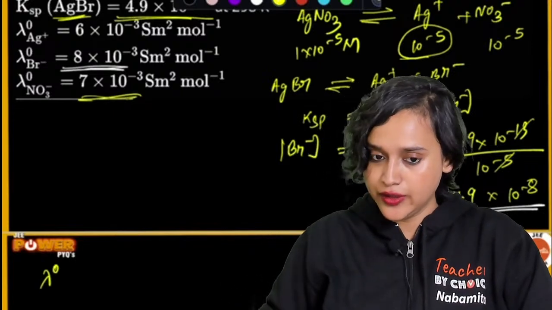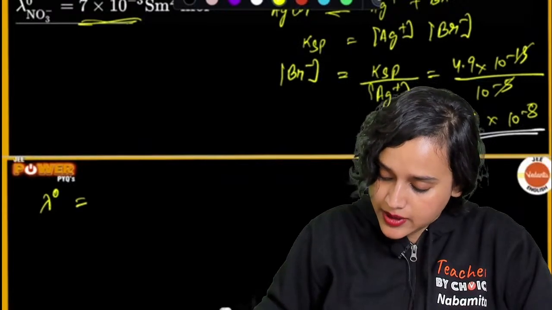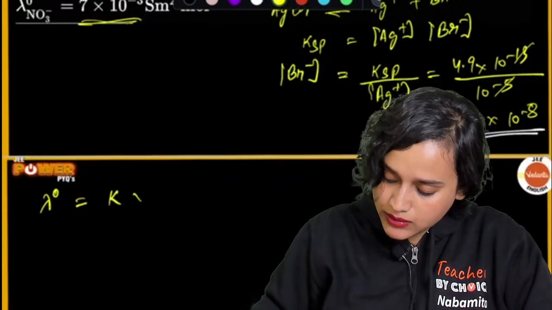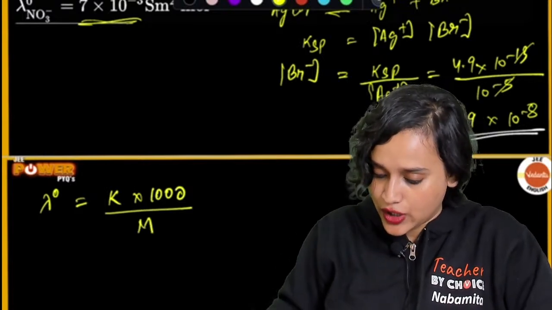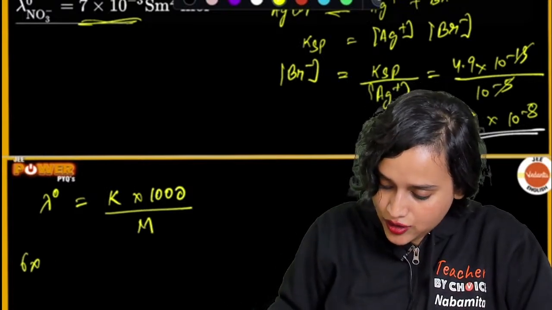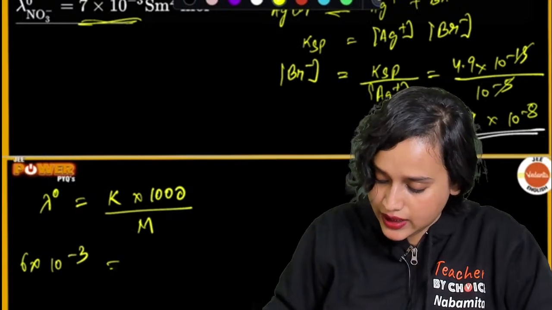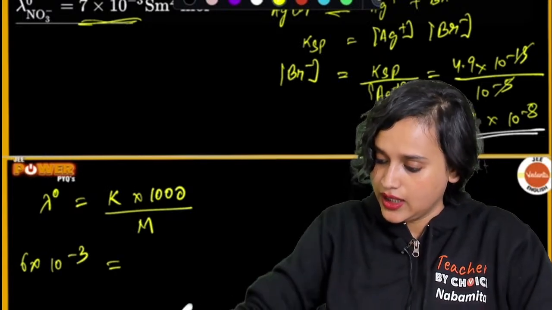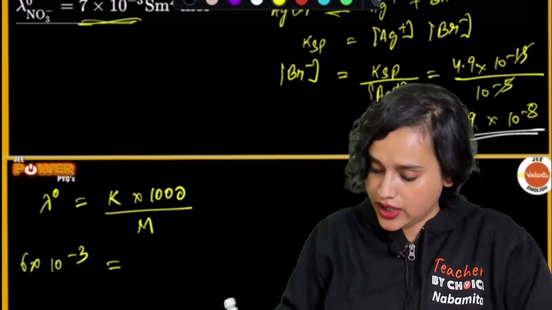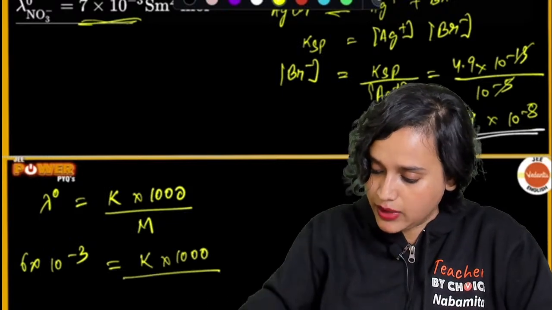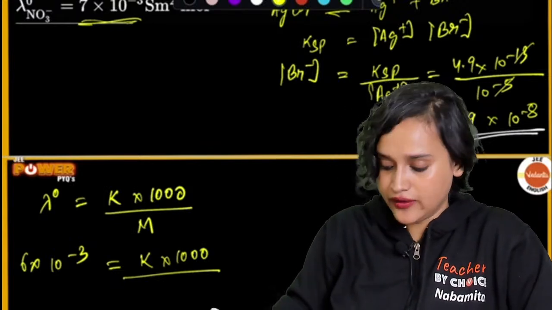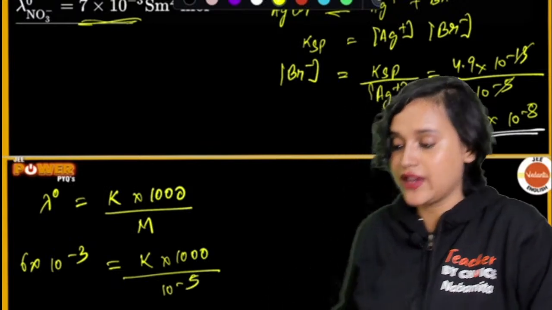What do we know? We know that lambda m is equal to k multiplied with 1000 divided by m. So we know here 6 into 10 to the power minus 3 is equal to k, which we do not know, multiplied with 1000 divided by molarity, which we know, that is 10 to the power minus 5.